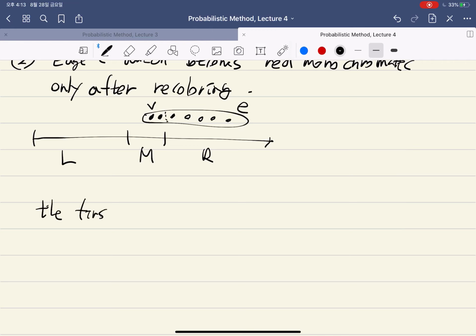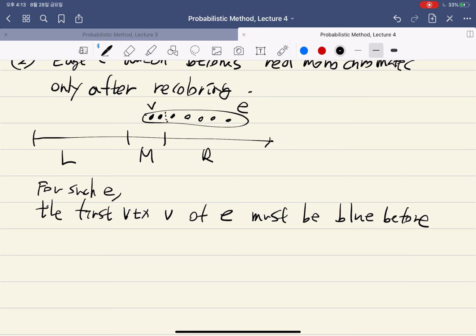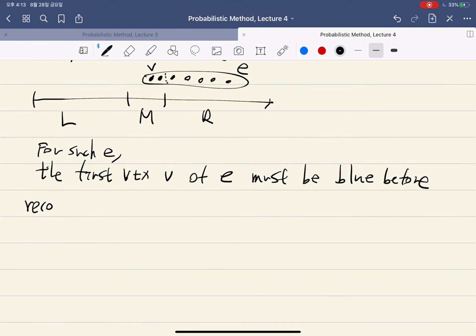So for such E, the first vertex v of E must be blue before recoloring, but becomes red after recoloring.